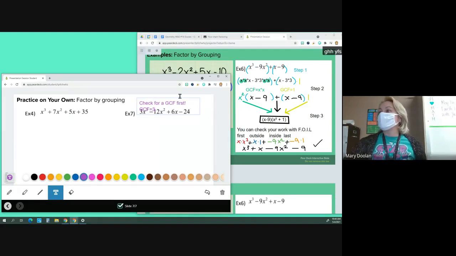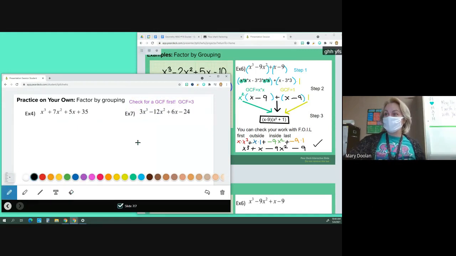Three. Which means we're going to have a 3 out here. I'm going to do it quickly. This is going to tag along this whole problem. And so then we put in brackets what's left over. If I divide 3 out of 3x cubed, I'm left with x to the 3rd power.